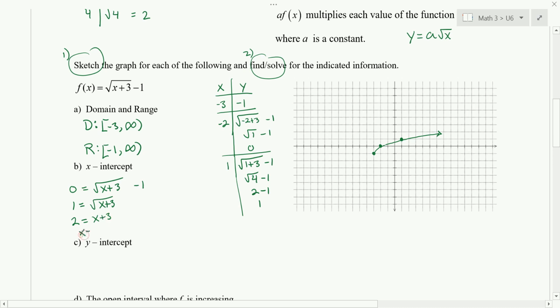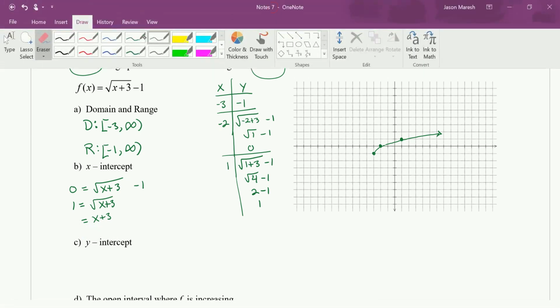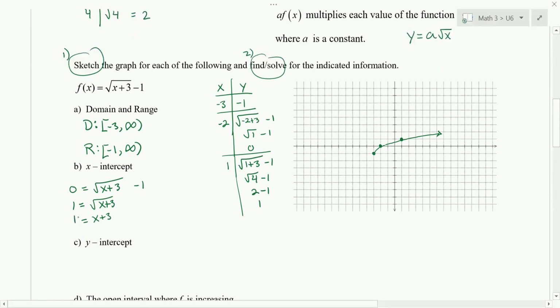You end up with x is -2. I was noticing something went wrong there. We square 1, we should get 1, not 2. Thank you. I was just checking. Alright, so x is -2, which is what we graphed for our x-intercept.